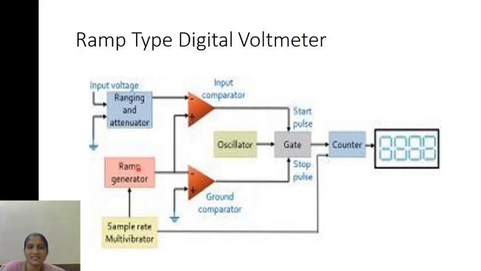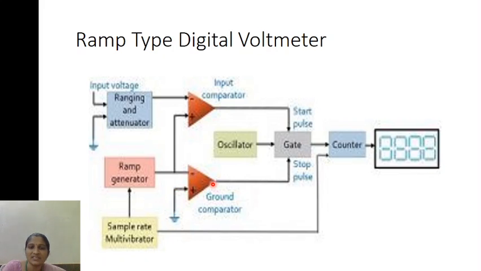Two comparators are used, one is the input comparator and the other is the ground comparator. For the ground comparator, one input is coming from the ramp generator, that is the negative going pulse, and the other input is grounded.